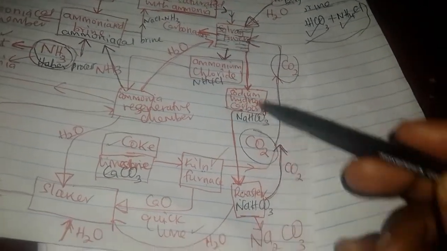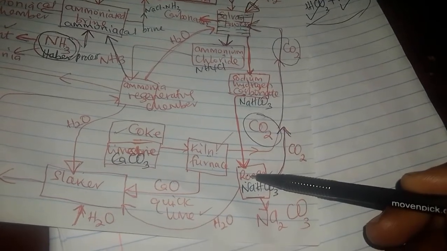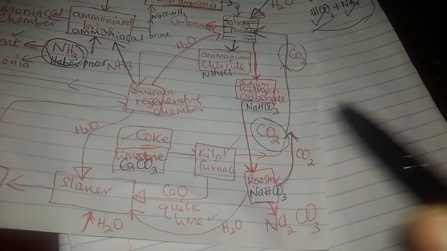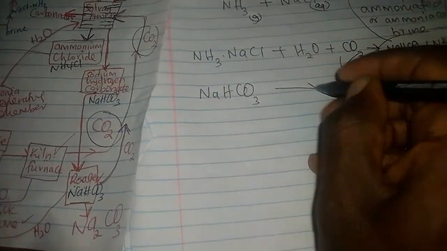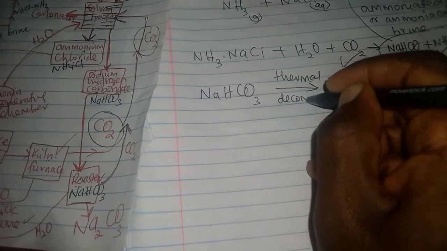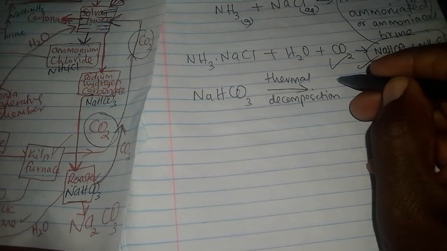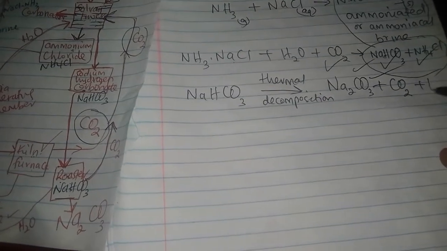That is to say, the sodium hydrogen carbonate undergoes thermal decomposition, and on undergoing it, it gives us 3 different products. In that process, we will form sodium carbonate plus carbon dioxide plus water.